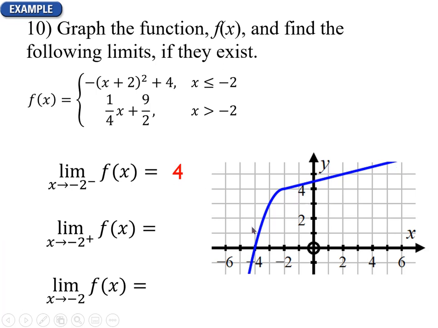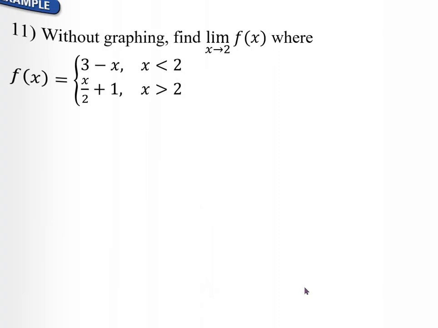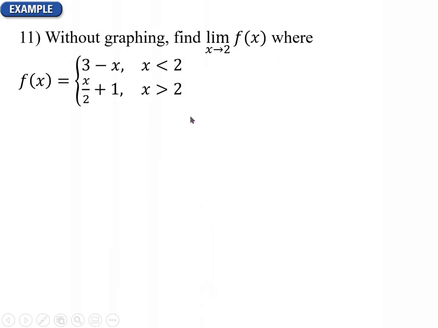Oh, here's a graph of it. And if you take -2 and plug it into the other piece where x is greater than -2, that's going to be your right-hand limit because those numbers are bigger than -2. You're going to get 4. And the overall limit is then 4. And of course, I've already shown you the graphs or spoiled it a little bit, but the limit there is 4.